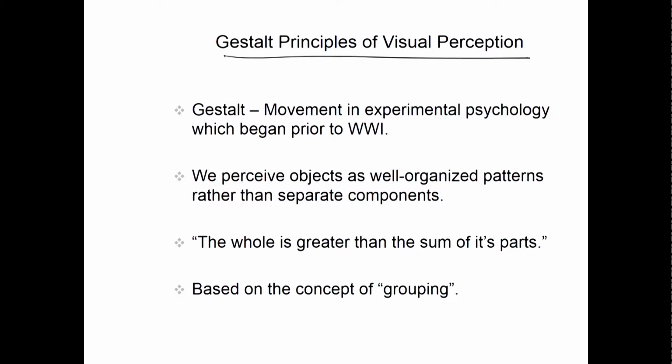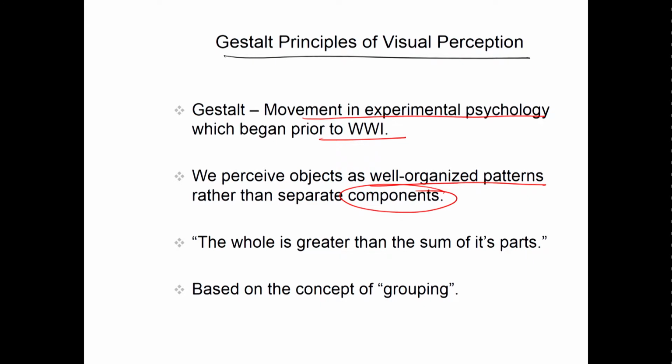What are these principles? We are going to look at Gestalt's principles of visual perception. Gestalt's, in experimental psychology, which began prior to World War I, says we perceive objects as well-organized patterns rather than separate components. We group them together, we do not look at the components.